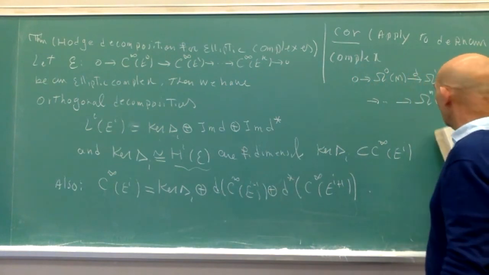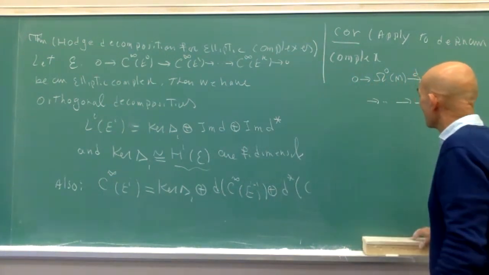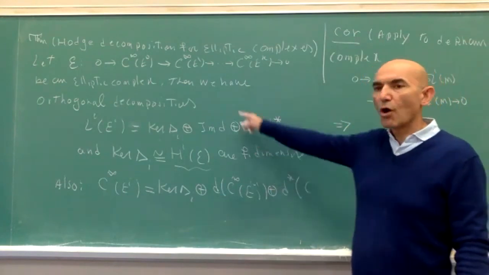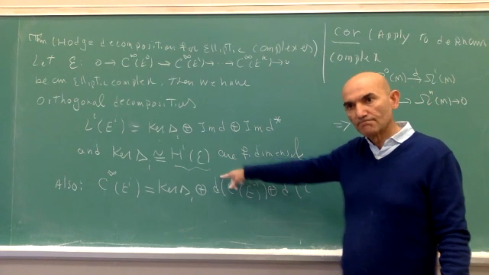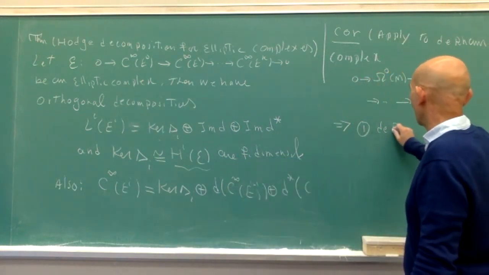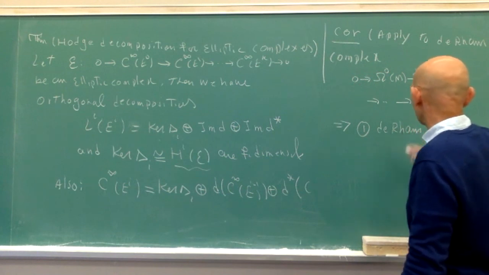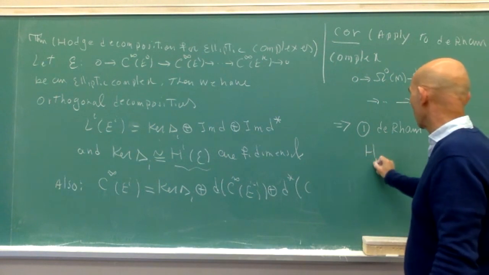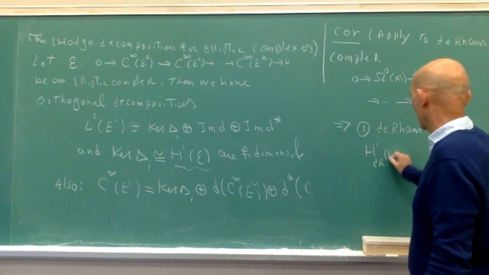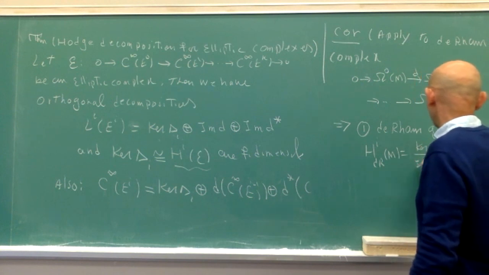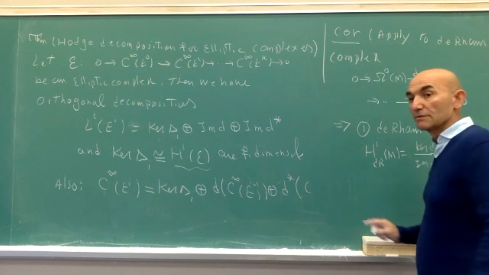It follows first of all that the de Rham groups are finite dimensional. This is the de Rham theorem itself, which is very valuable. H_dR^i of N, which is the kernel of d divided by the image of d, is finite dimensional.